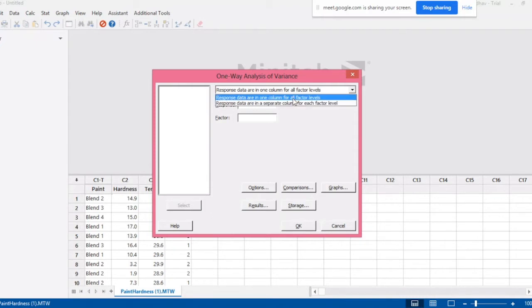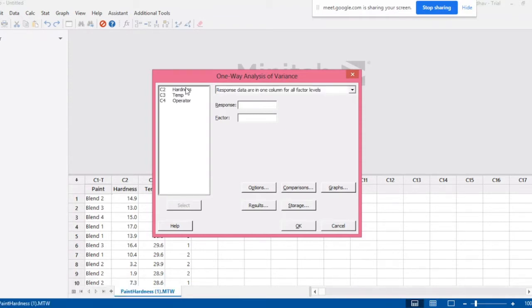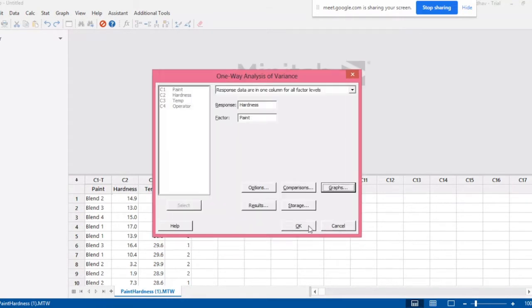If they are in one column, we have to click the first one. By default, it is the first one. Here, if you click in the response box, response is your hardness and factor is your paint. Go to Graphs, Box Plot, and 4-in-1. Click OK.